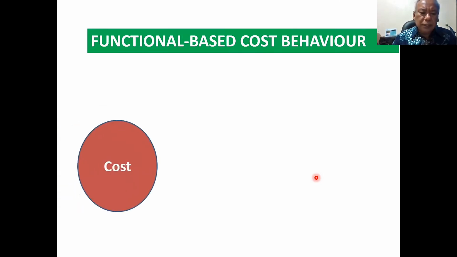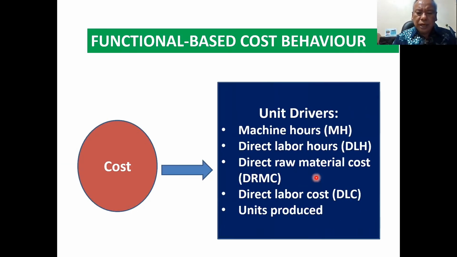Now we continue to the cost behavior. If we are using functional based cost behavior, actually we link the cost to the unit drivers. There are five unit drivers: machine hours, direct labor hours, direct raw material cost, direct labor cost, and units produced.